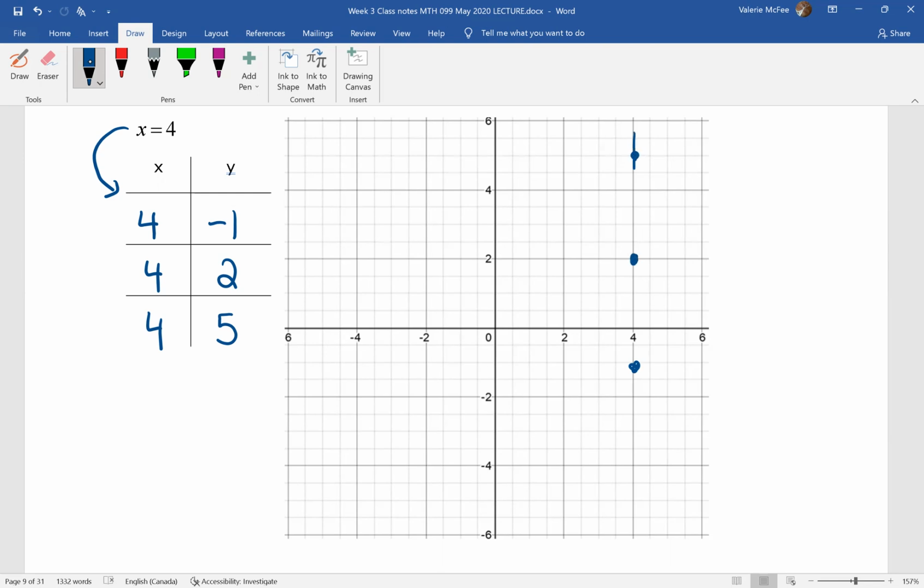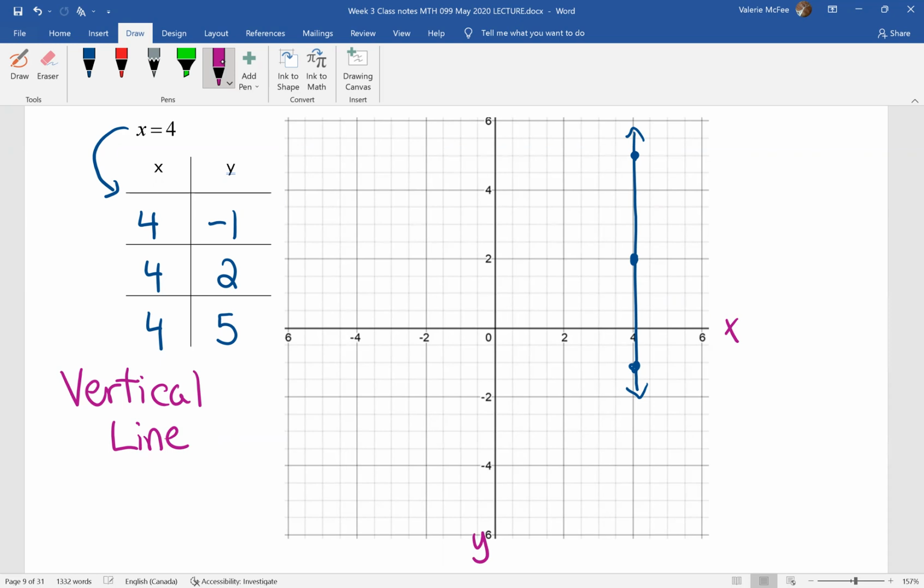When we connect the ordered pairs, we see that we have a vertical line. Every time we see that equation, x equals a number, we know we have a vertical line.